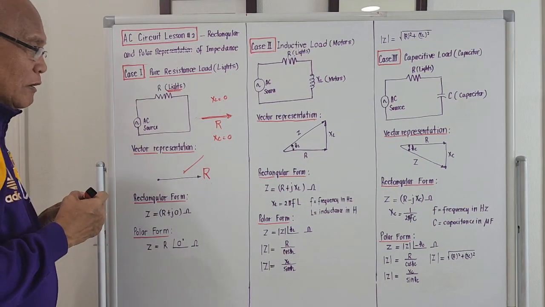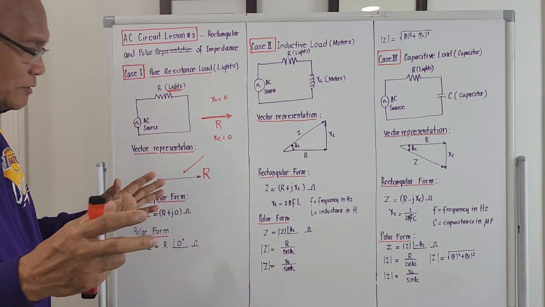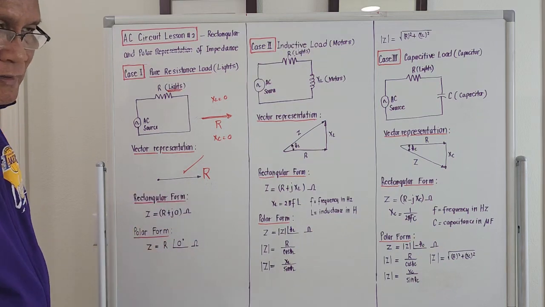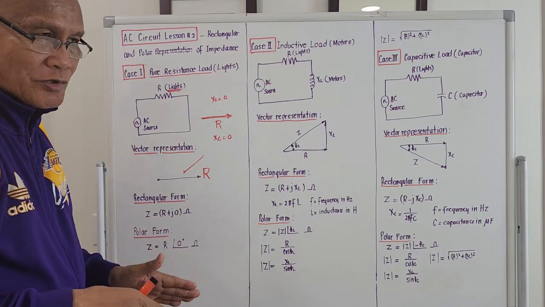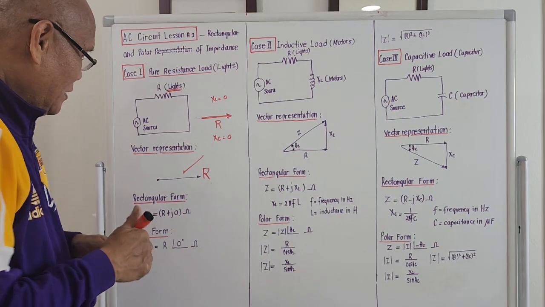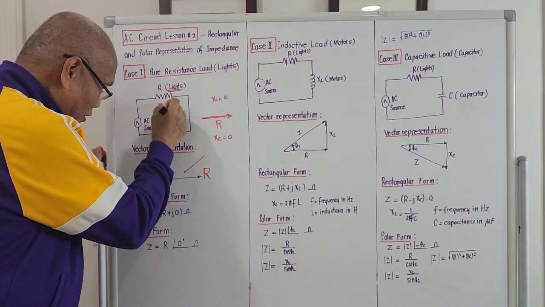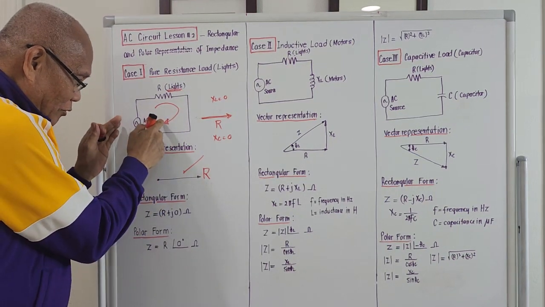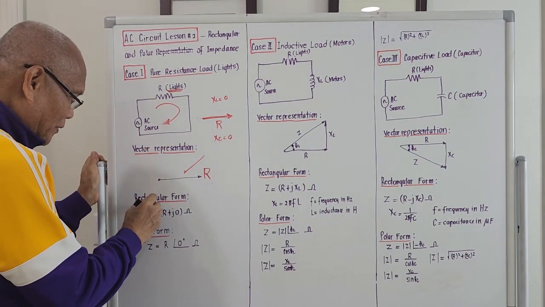Let's try to bring out the rectangular form. Why is the rectangular form important? It is important in the calculation of the current, because for sure there will be a circulating current here. To compute the circulating current, we must compute the impedance.